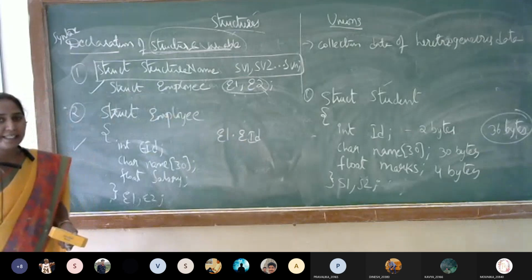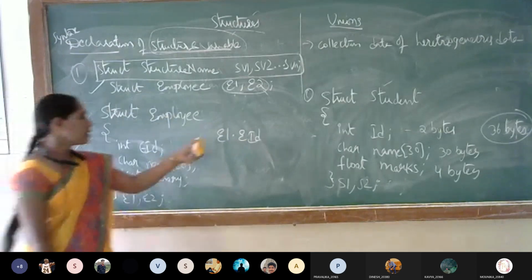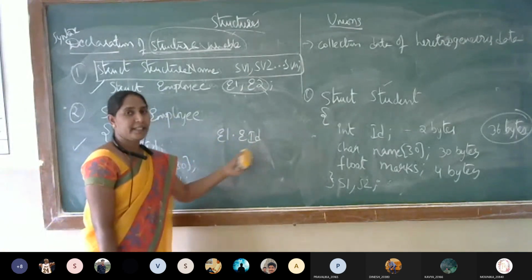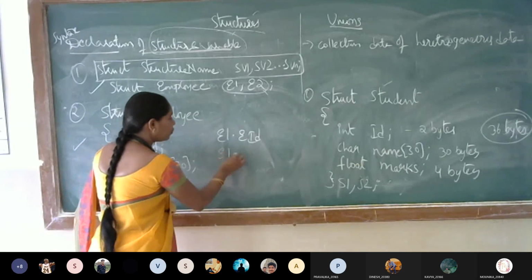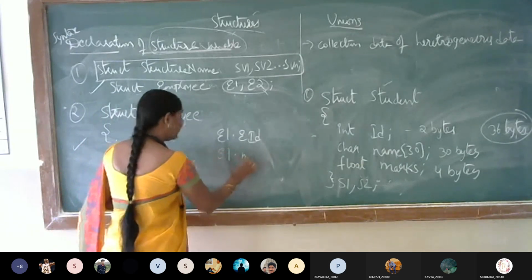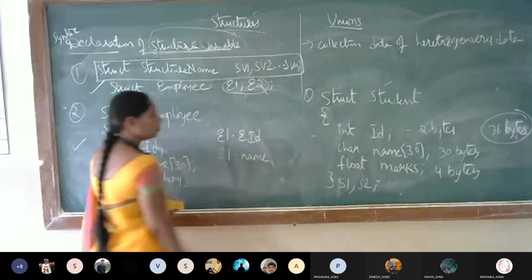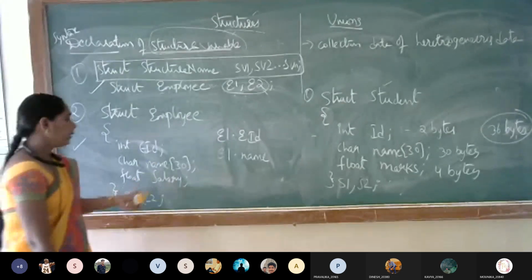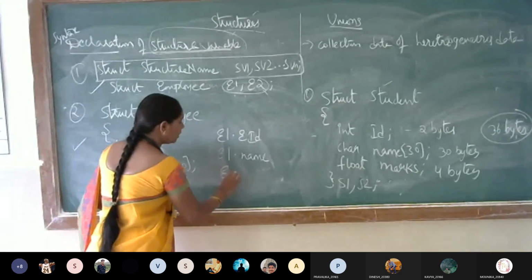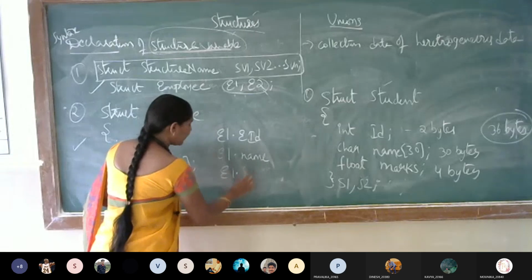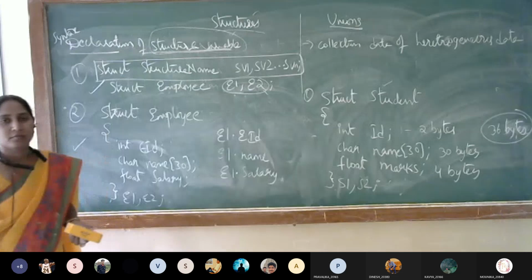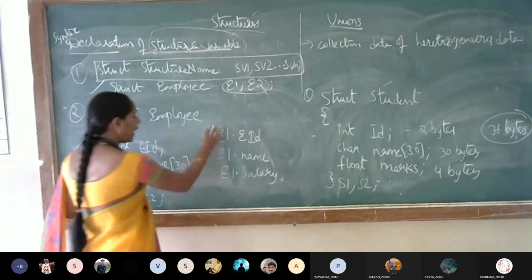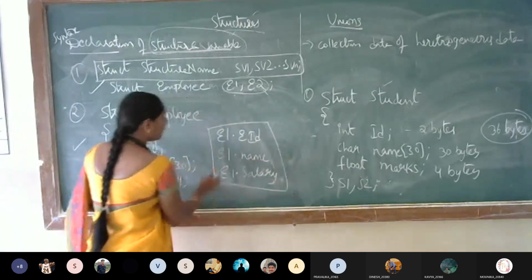E1 dot EID indicates the first employee's ID. To access the first employee's name, I use E1 dot name. The third variable, if I want to access it, I use E1 dot salary. Like this, we will be accessing the members of the structure.